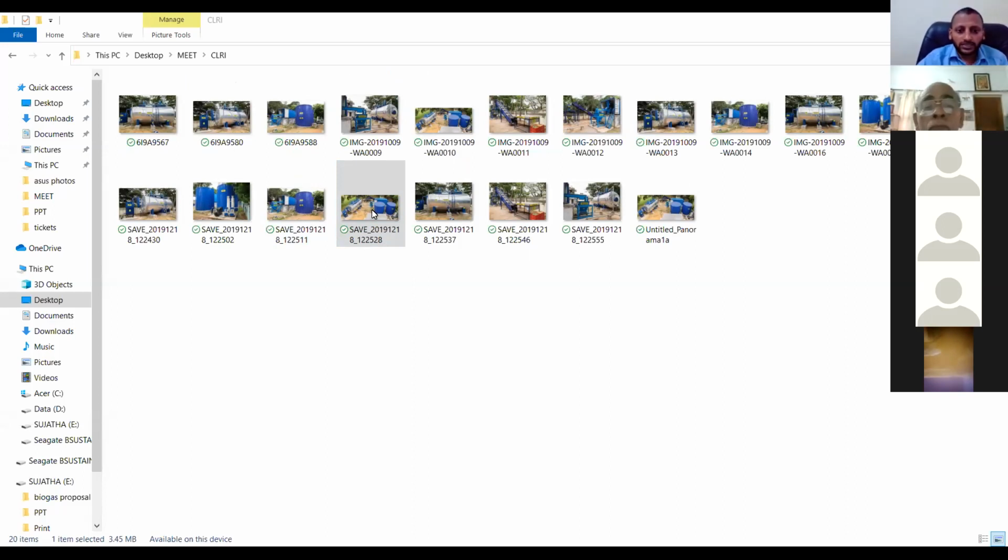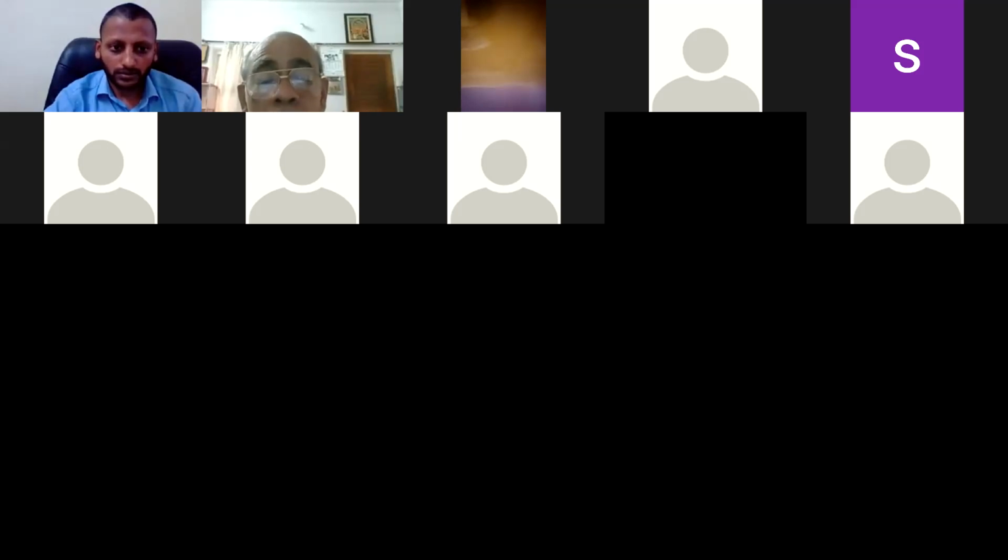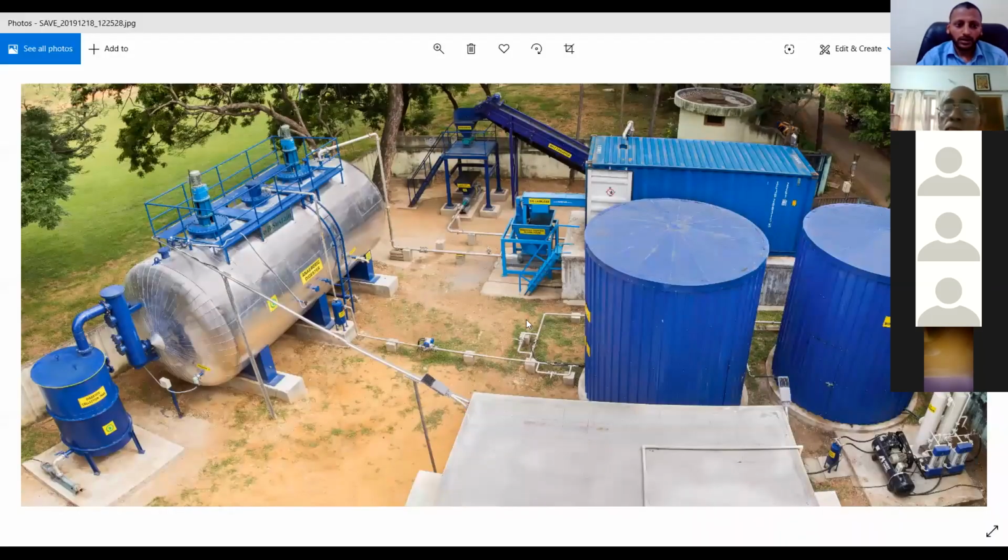Okay. This is the plant installed in CLRI. Sir, you just placed a cursor over that picture, you have not enlarged it. Not yet viewed, sir. Can you do this now? Wait a minute, sir. Yes, sir.